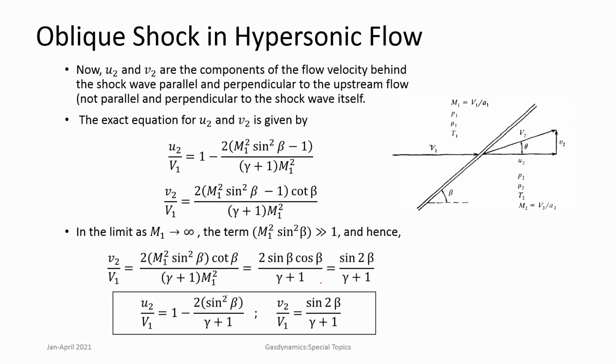The really good thing here is that the explicit dependence on Mach number is getting removed. Of course, beta depends on Mach number, but soon we can see that as the Mach numbers increase clearly large, then even beta becomes somewhat independent of Mach number.